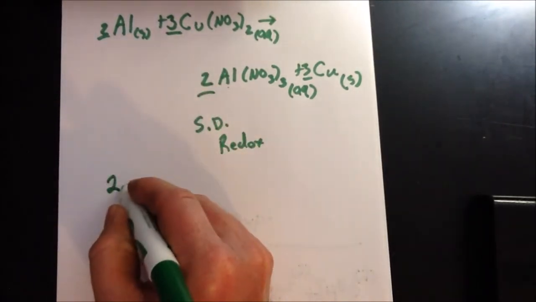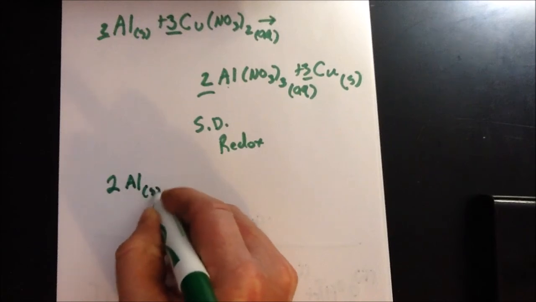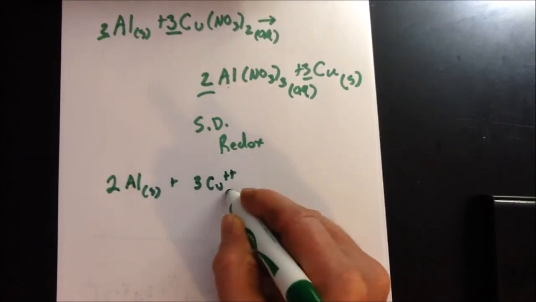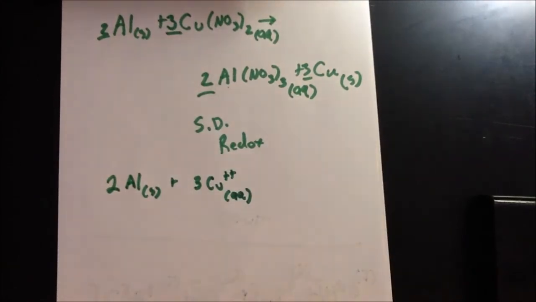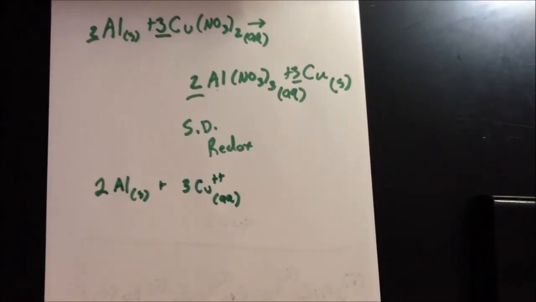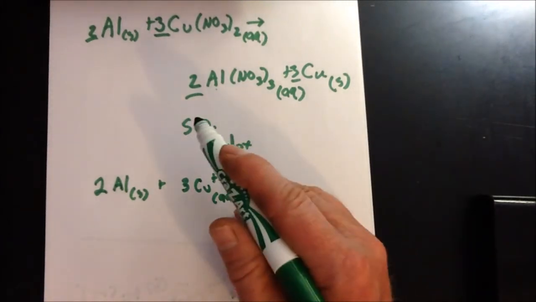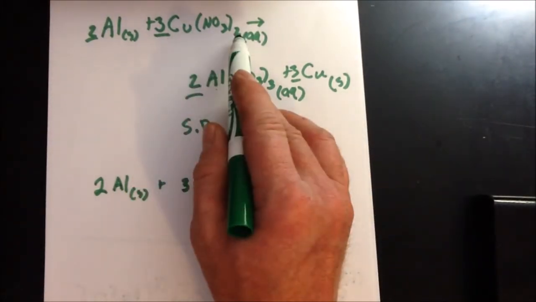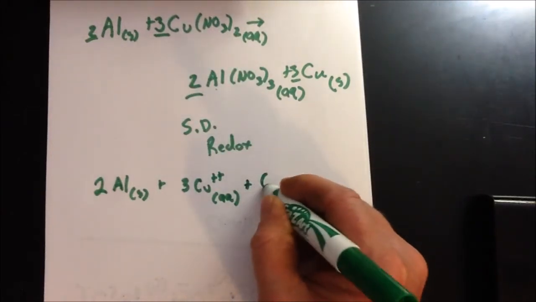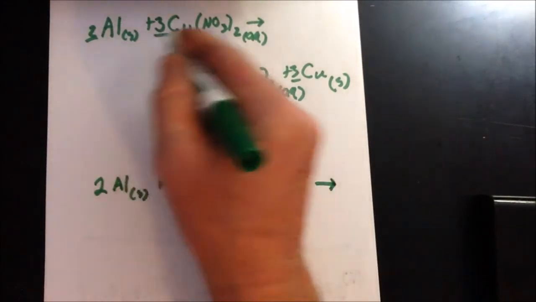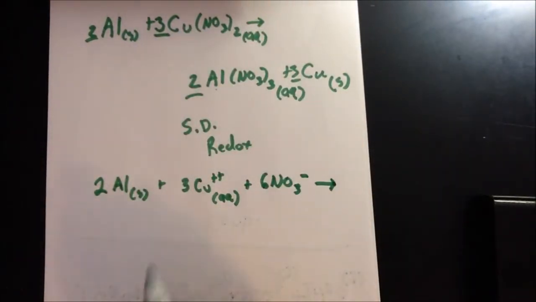So because I've already balanced it, I'm just going to carry the coefficients through here. 2 aluminum solid plus 3 copper 2 plus aqueous ions. So all that work that we do when I say solution of copper 2 nitrate, and you have to know enough nomenclature to write that formula, essentially when we get to a net ionic equation, we're taking this back apart. So 3 coppers, now 3 times 2 nitrates is going to be 6 NO3 minus, again 3 times 2 in parentheses, and now I'm ready on the product side.